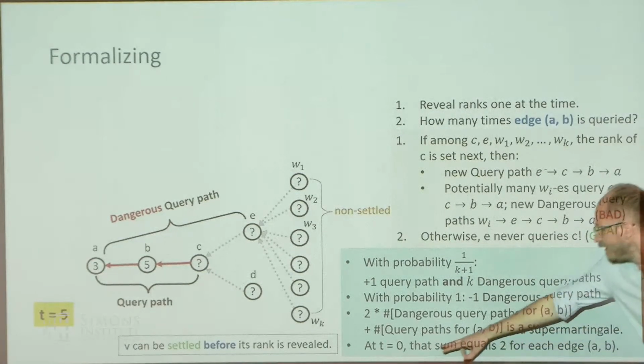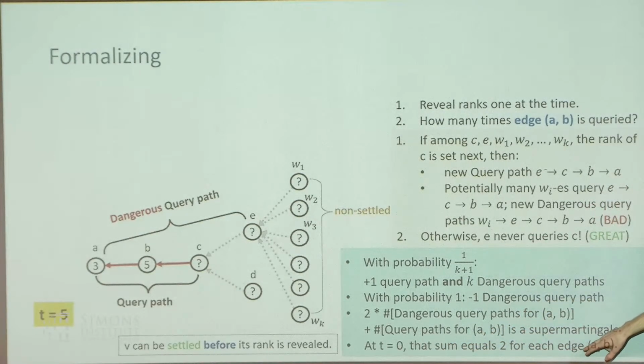But at time t equal to 0, there are no query paths, and every edge in the graph is a dangerous query path. So in the beginning, at time 0, this sum is 2. And you have a supermartingale, so in expectation, this at the end is at most 2.